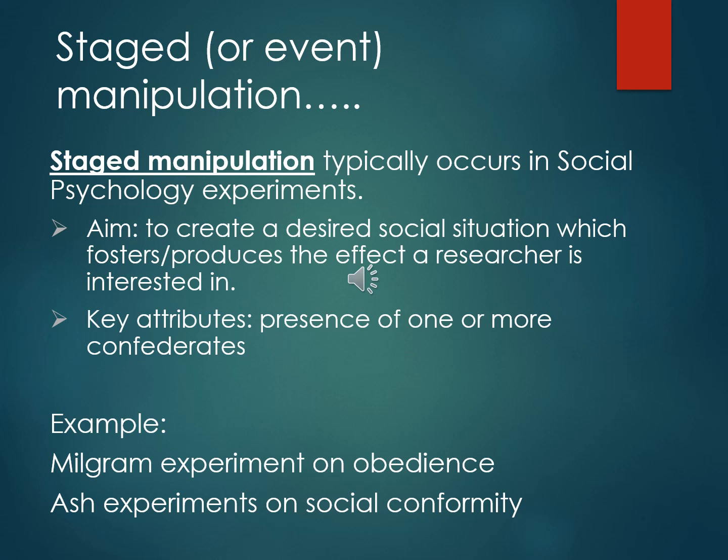For example, in the Milgram study, the setup was a learning experiment, but the true intent was to create an obedience situation where participants need to obey the authority. Similarly, in Asch experiments, the situation is created to increase peer pressure.